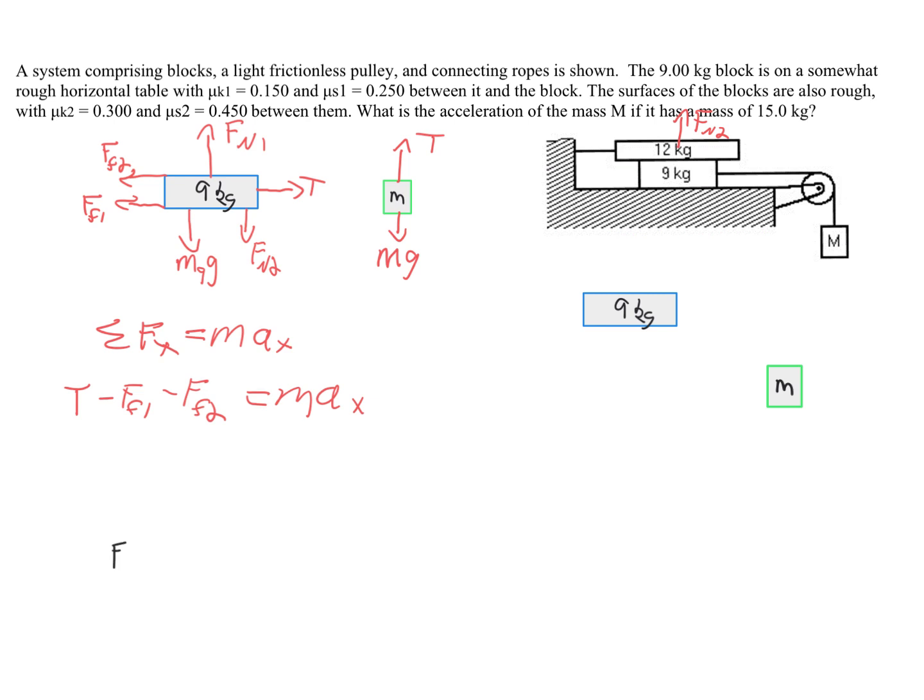So the force of friction 1 static max, which is a mouthful, right, is going to be equal to mu S1 multiplied by Fn1.